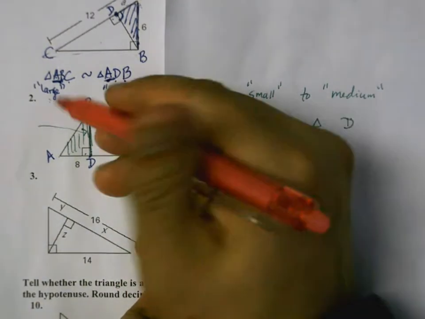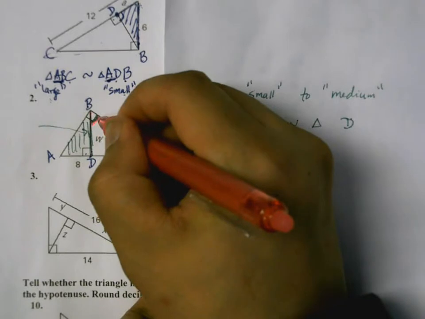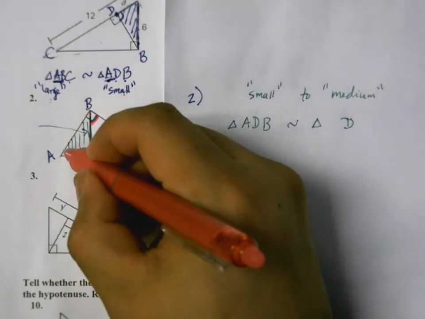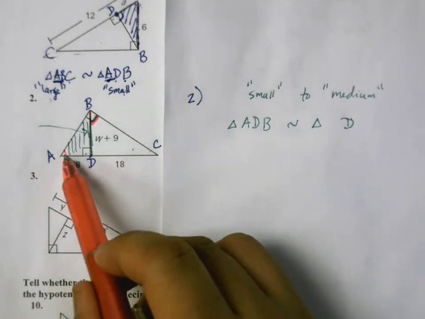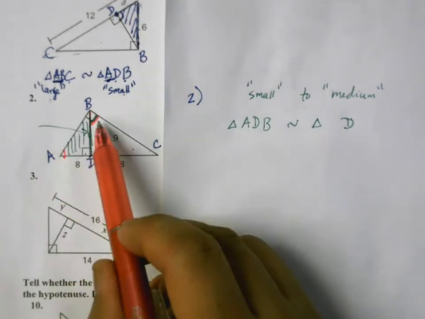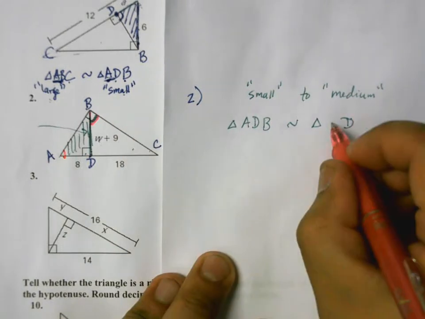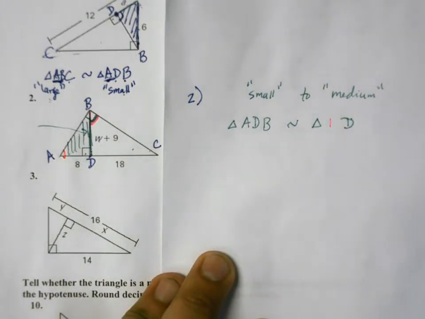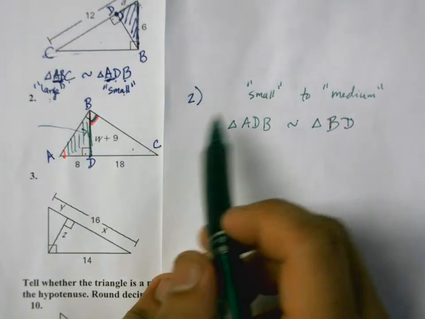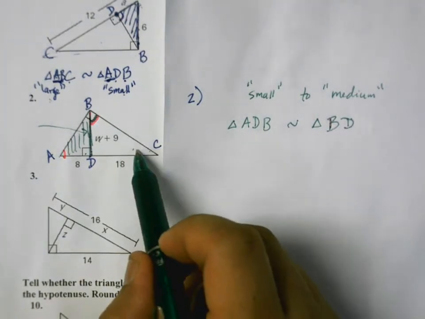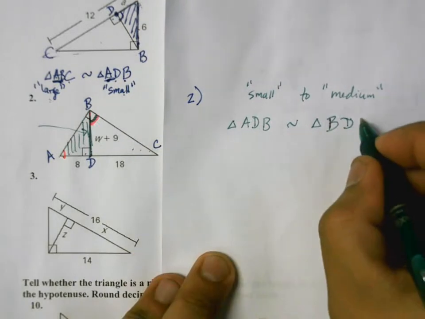Let me use a different color. This little angle up here is actually going to be congruent to this little angle down here. So letter A of the small one is equal to B of the other one. So this is going to be B. And then the only letter that's left over in the medium one is C.